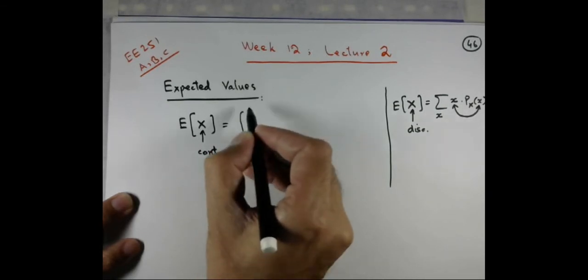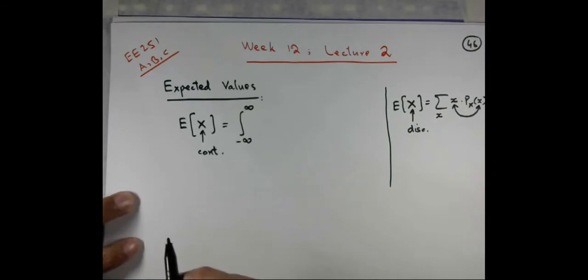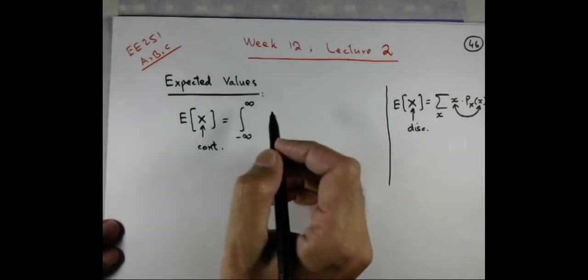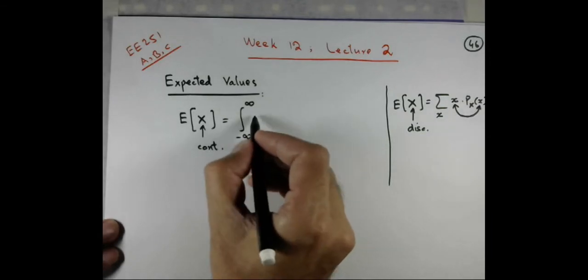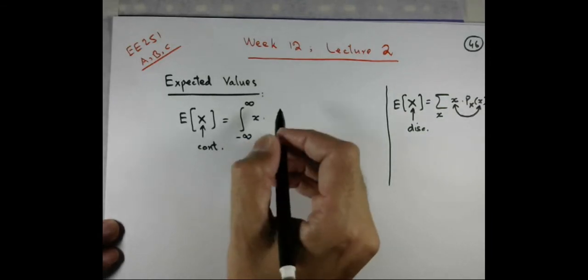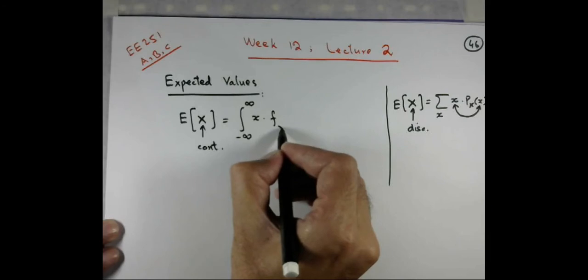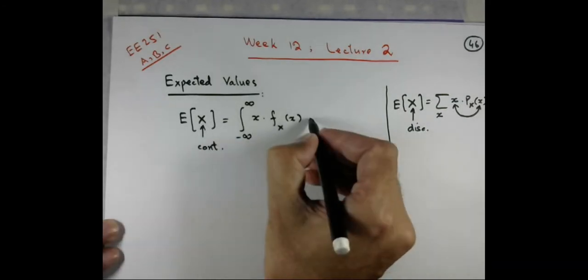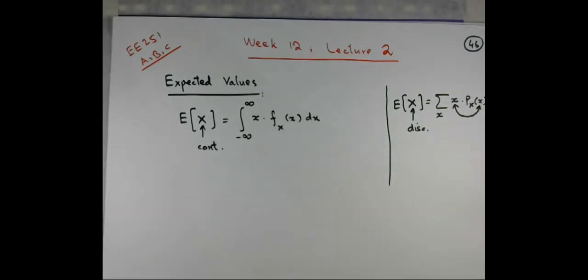Integral from minus infinity to plus infinity, these limits are there to cover all the possibilities. X times the PDF of this random variable x, and obviously the dx.